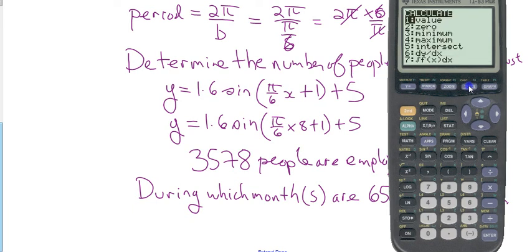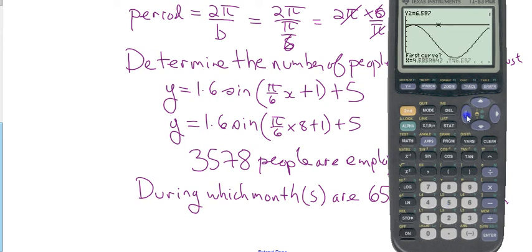So second, calc, intersect. Actually, you know what, I'm going to extend my window up so I can see a little bit higher. So let's go to 8. Because I don't want the line, so it may actually cut in 2 places. So second, calc, intersect.